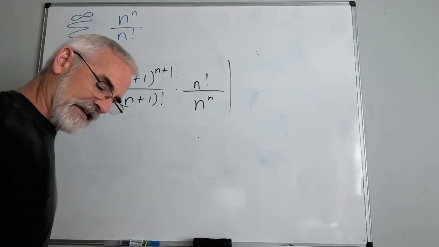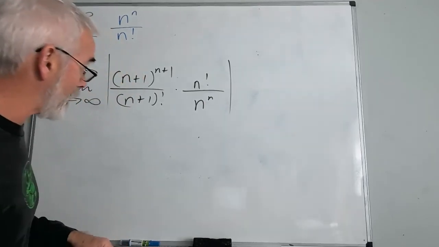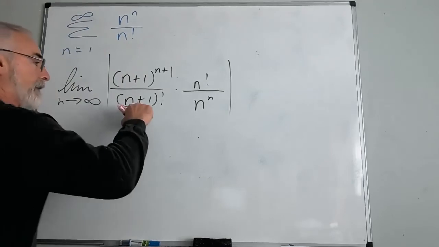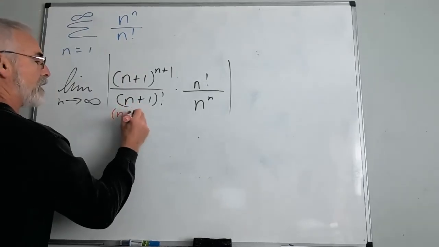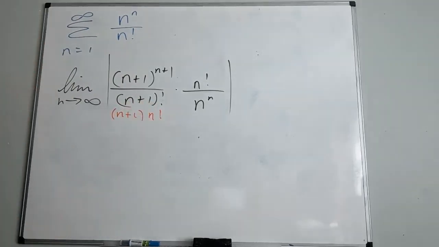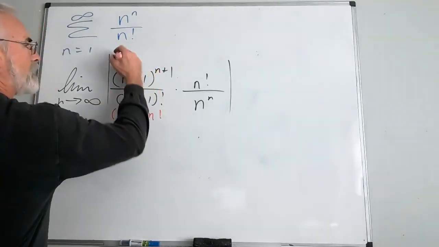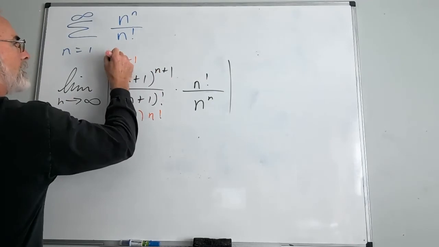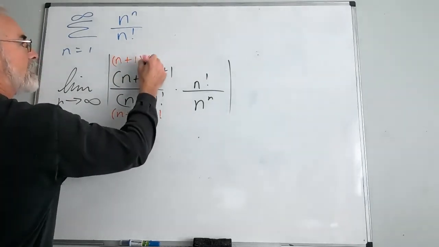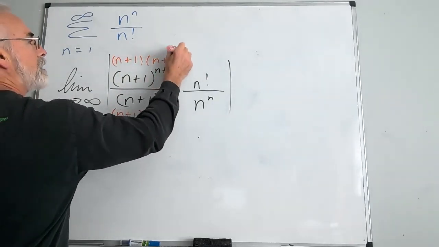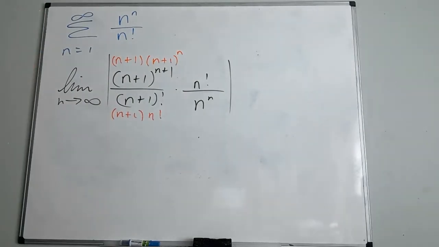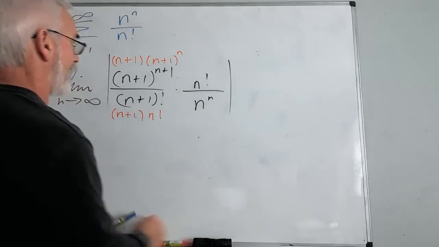So what's going to cancel? Well, let's get as far as we can. Let me rewrite a couple of the terms. How about if I rewrite this one as n plus 1 times n factorial? And how about if I write this one as n plus 1 times n plus 1 to the nth. Now stare at that for a moment and convince yourself that that is true. Why would I do such a crazy thing?